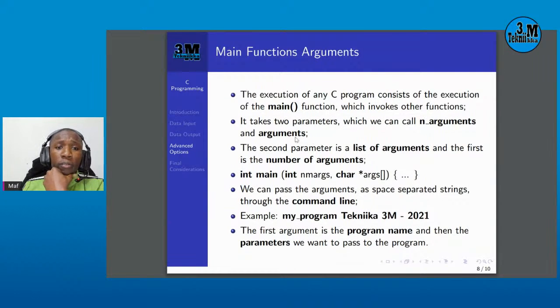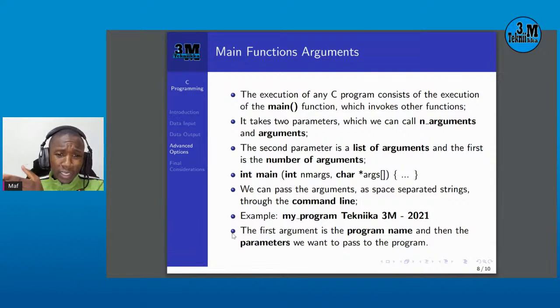The first parameter is the number of arguments. I'm going to show you in the practice, okay? And the second parameter, you can call whatever you want. The number of arguments and the arguments themselves. So the arguments are going to be some strings which you pass.